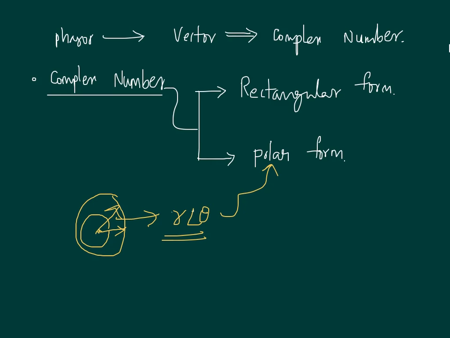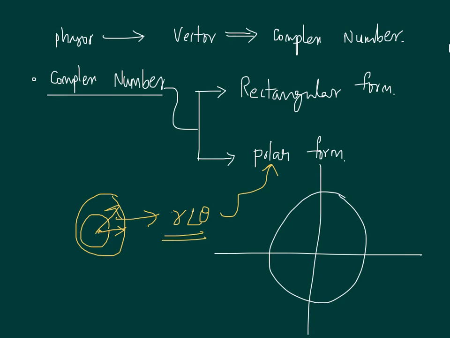And converting polar into coordinate axes, suppose we have our vector at this point, so we can project it into x and y components. It is represented in the form of x component plus j times y component. This is rectangular form.